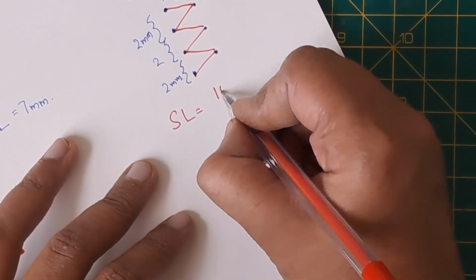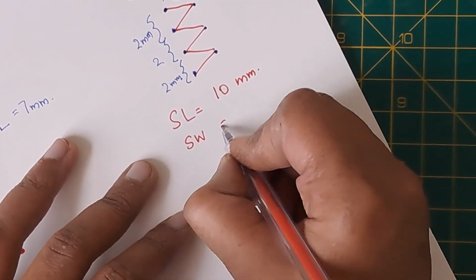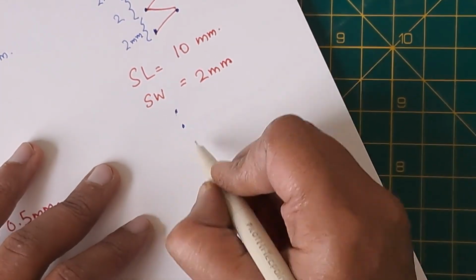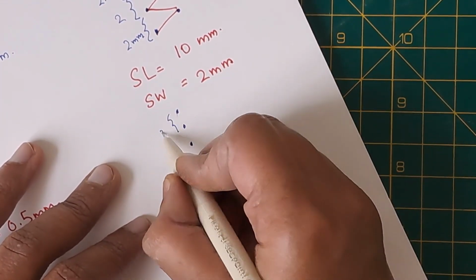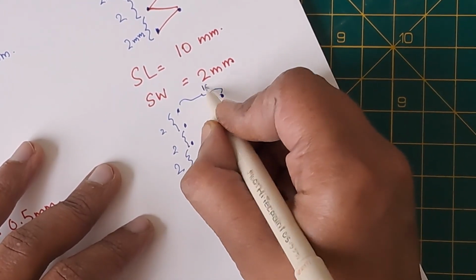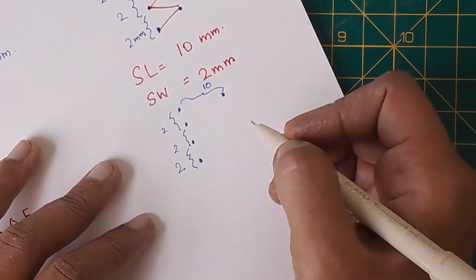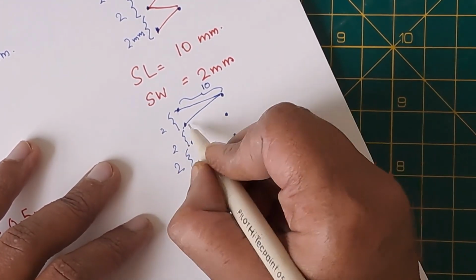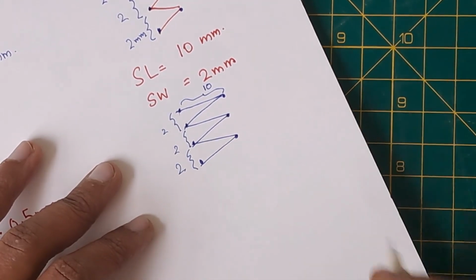Now let's increase the stitch length to 10 mm and stitch width is going to be the same, 2 mm. So what could be the difference? Mark the points as per the measurements. After that, connect the points to give a longer zigzag stitch with a width of 2 mm.